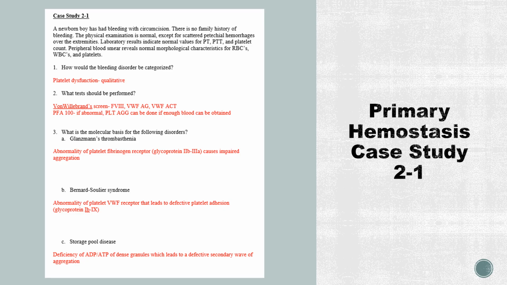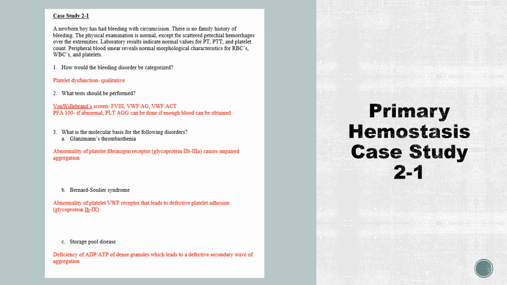If the physician were suspecting a qualitative platelet dysfunction disorder, I'm betting he would probably and most likely perform the von Willebrand screen first. And I'll tell you why. It requires much less volume than a platelet function assay and much, much less volume than a platelet aggregation.